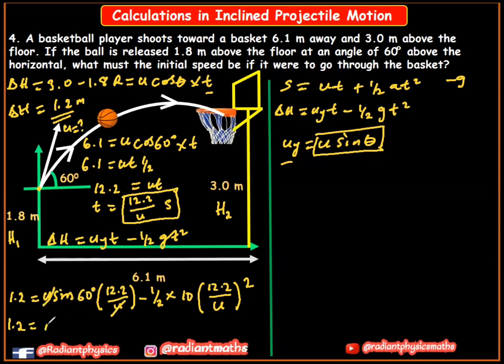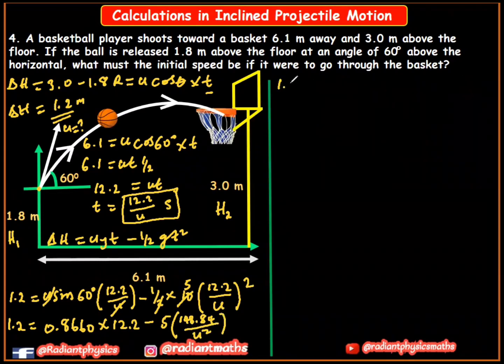Sine 60 degrees is 0.8660 times 12.2, minus 1/2 times 10, these two can cancel out, 5 times 12.2 squared. So 12.2 squared is 148.84 over u, which will become u squared as well.